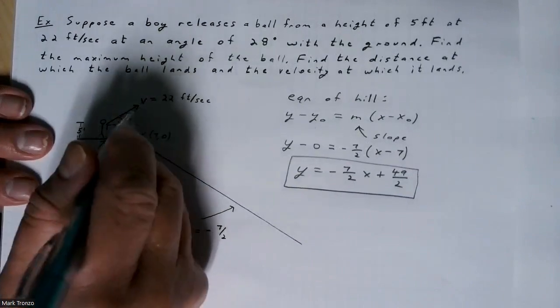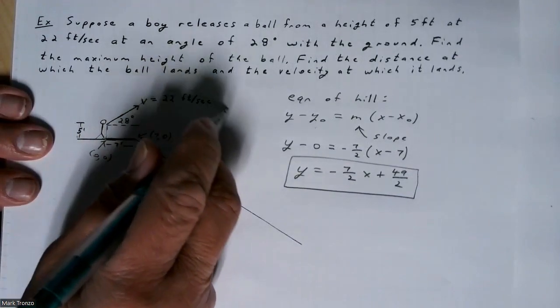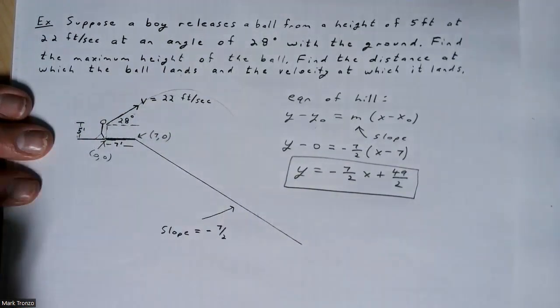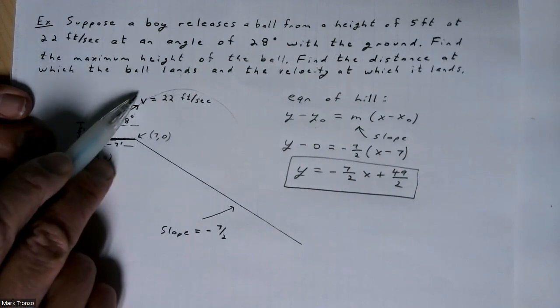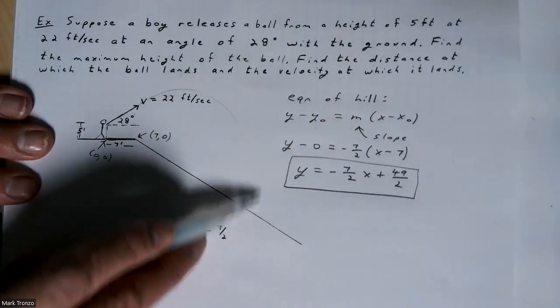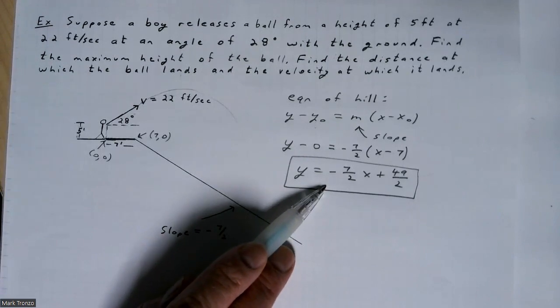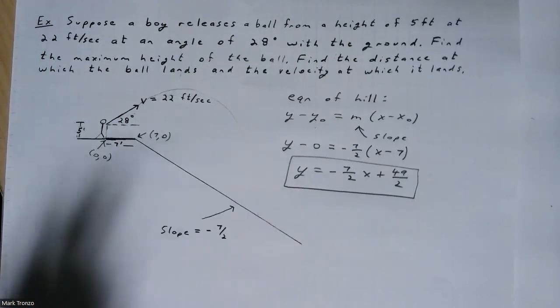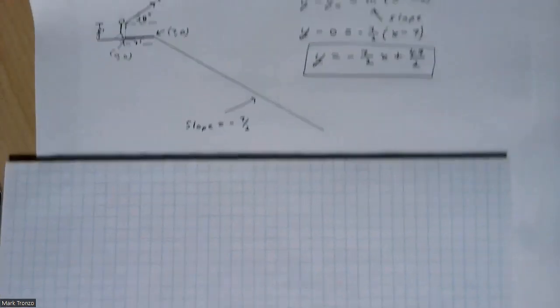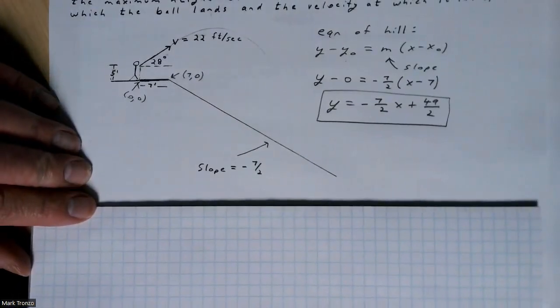So now if we want to find out where the ball hits the hillside, we can use the equation for the path of the ball and set it equal to the equation for the hillside. And so let's do that. So let me write that down.